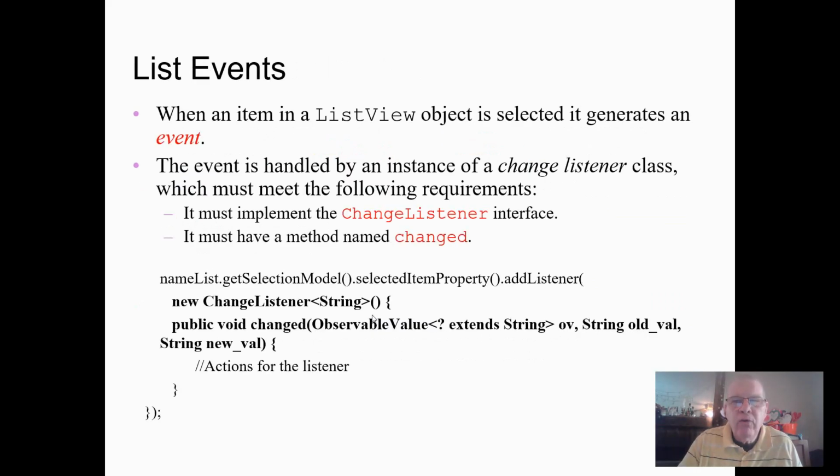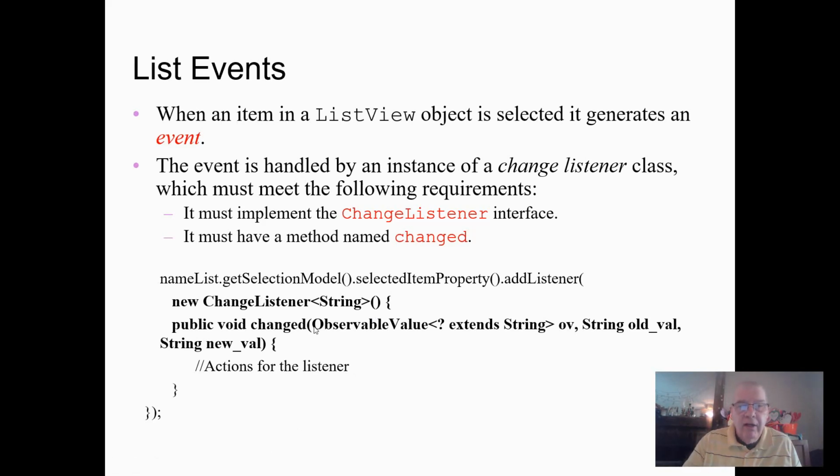Now, once you select one, there's a change listener interface that has the method changed, just like the action event has the method handle. And the arguments are here.